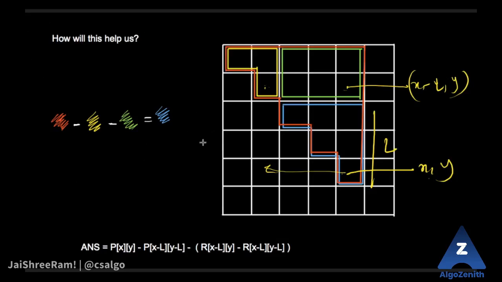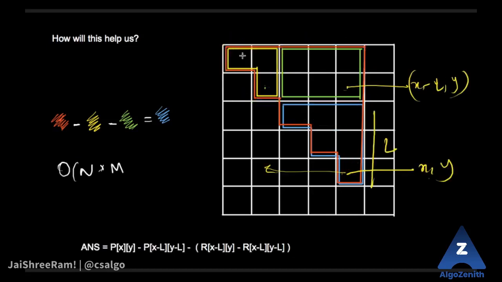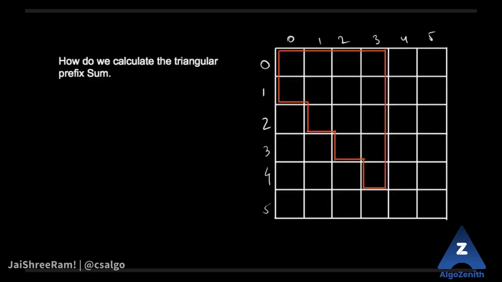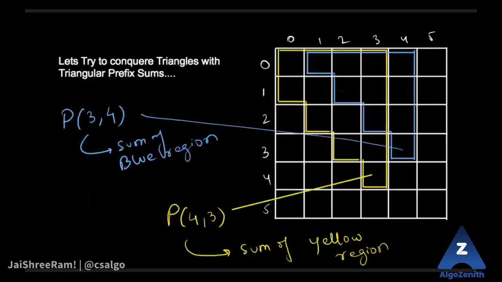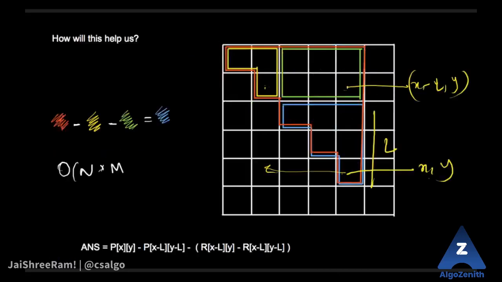To build the whole prefix part, you will need just order n times m, that is an iteration on the whole array once, using this relation. If we quickly go back, if we use this relation, this is just a simple iteration on the whole array, right? And we can just fill in the values using this relation. So that would take you order n times m, right?